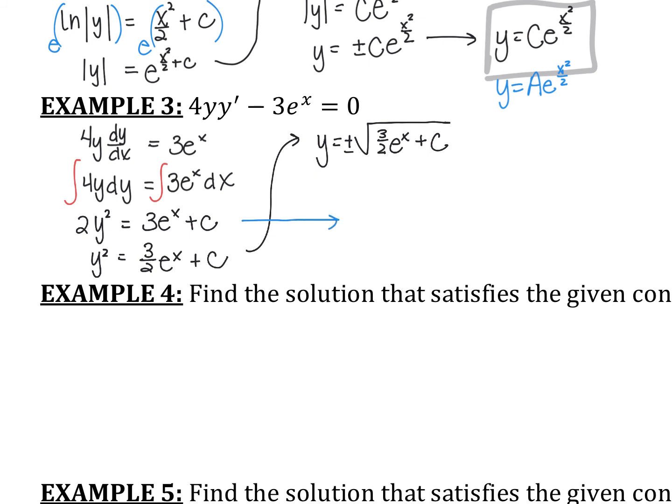It is very possible that the answer you see is 2y squared minus 3e to the x equals c. The reason why is we have a whole type of differential equation that we solve if the function is equal to c.